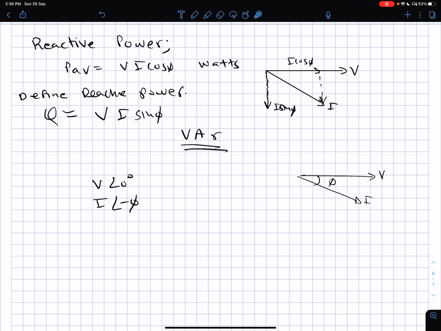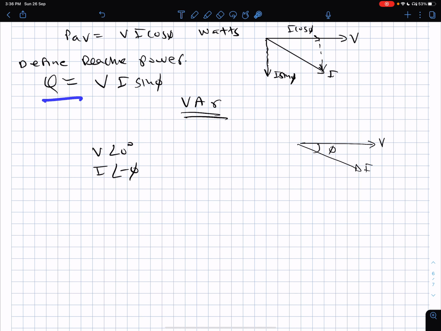With my convention, I am using a positive P average and a positive Q. So to do the subtraction, I should look at VI star and then multiply by V, so that this will become equal to mod of V mod of I at an angle phi.